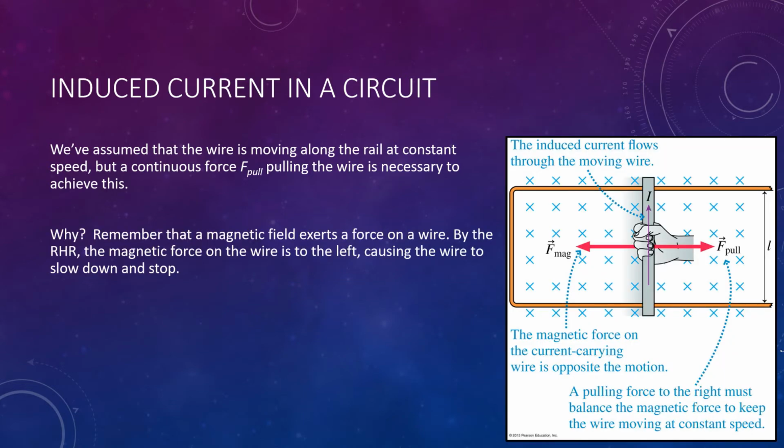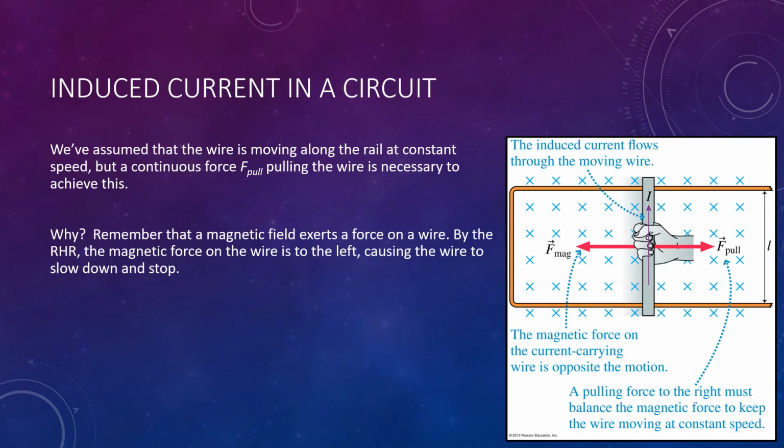Well, keep in mind there's magnetic forces going on here. In this situation, if you look at the diagram, we have a current moving upward and a magnetic field pointing into the screen. So use your right hand rule. If your thumb points upward with the current, your index finger points into the screen with the magnetic field, well then your middle finger will point to the left, indicating that there is a magnetic force acting on this wire to the left.